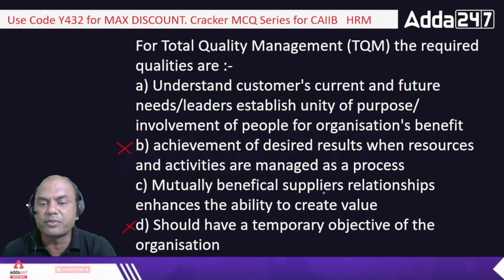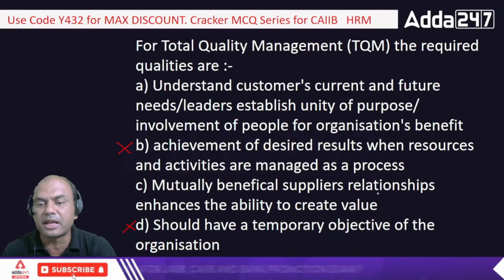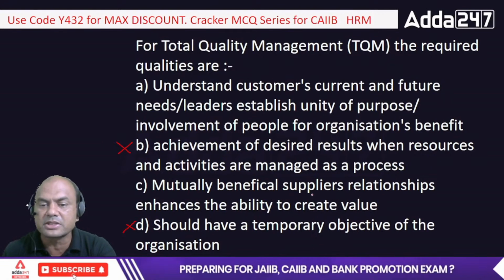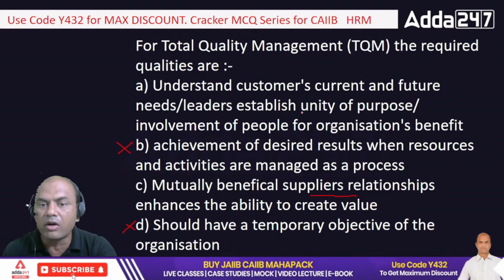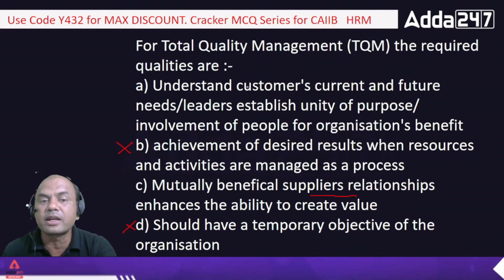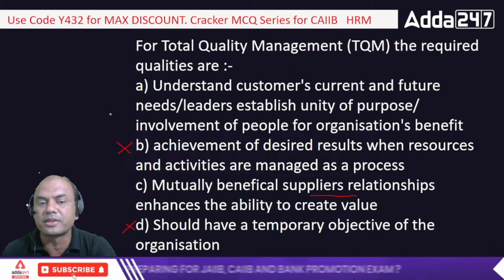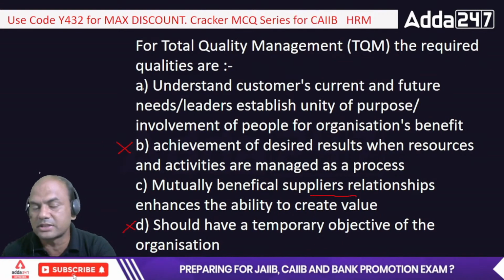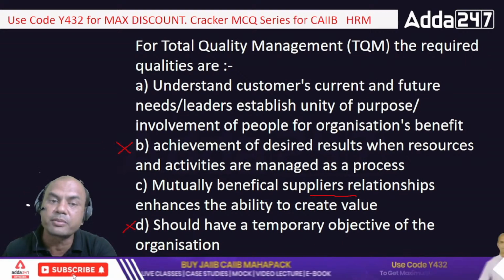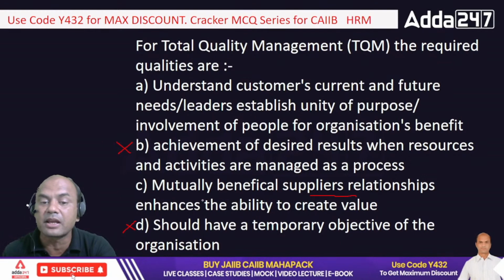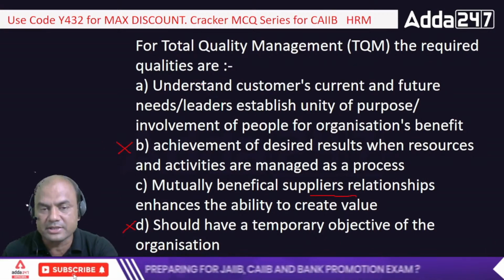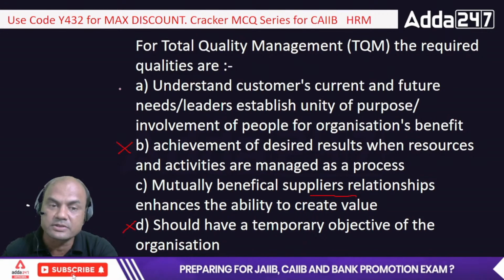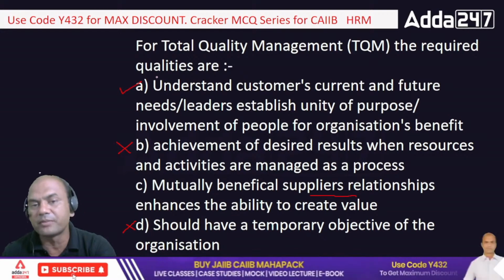So mutually beneficial supplier relationship could be the answer, or the more perfect answer among A and C is which one? Whenever you find a conflict between A and C, or both seem to be right, you have to choose the more perfect answer, the nearest one. So the nearest one becomes A, right?